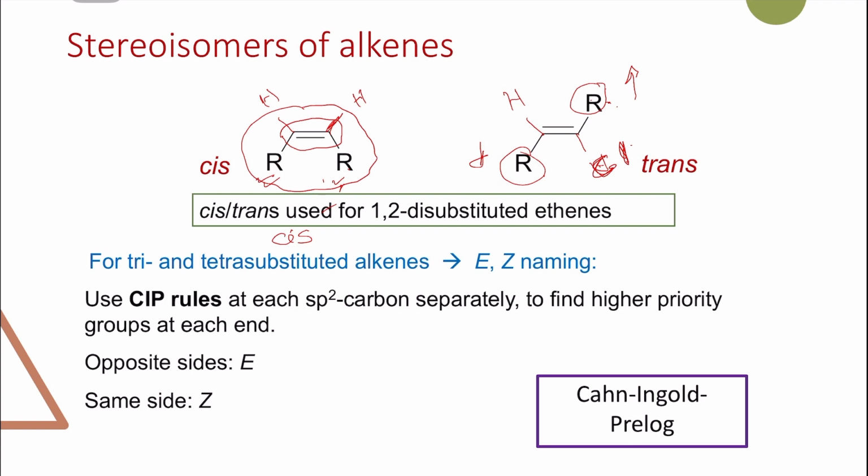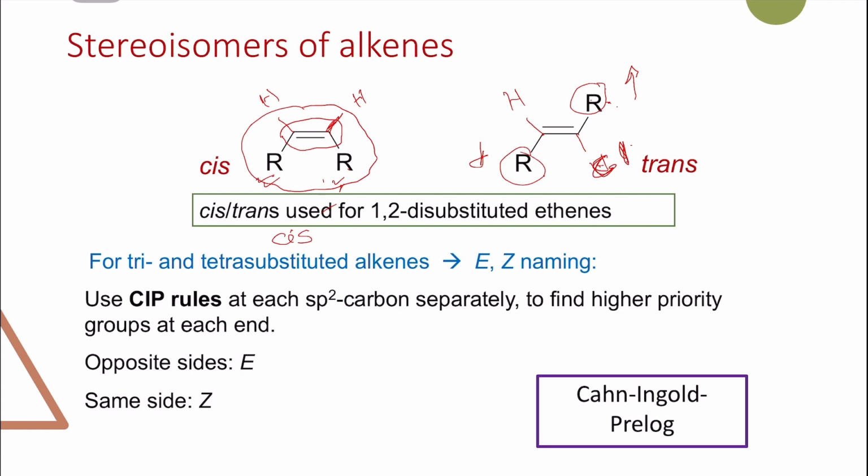Z is when we have the two groups which have the priority on the same side, and E is when I have the two groups which have the priority on the opposite side. This looks a bit ambiguous, so let's explain this priority. What do I mean by priority?